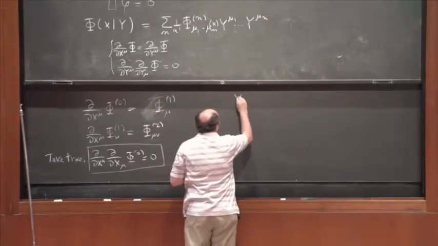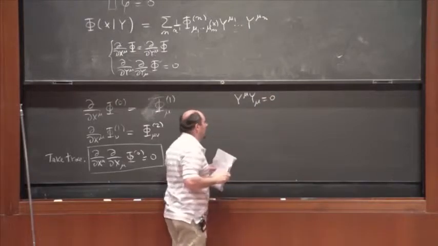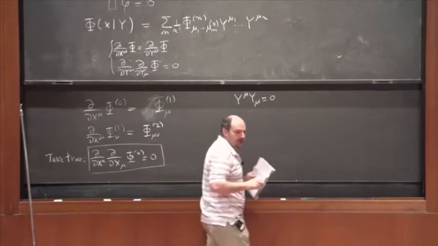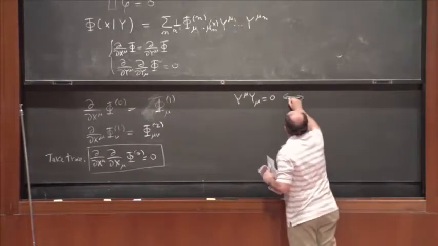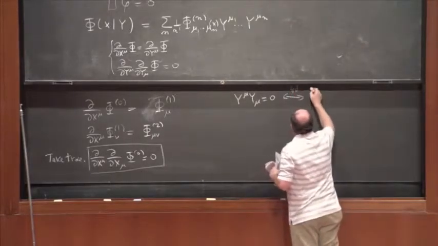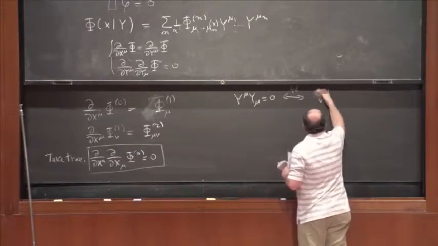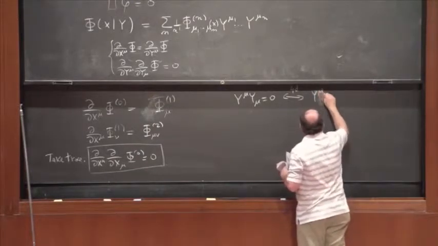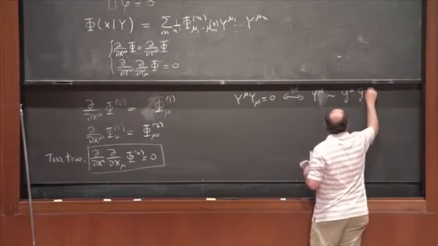So in 4 dimensions, we can solve such a constraint in terms of these twistor variables. So in 4D, we could replace y mu by y alpha, y bar alpha dot.